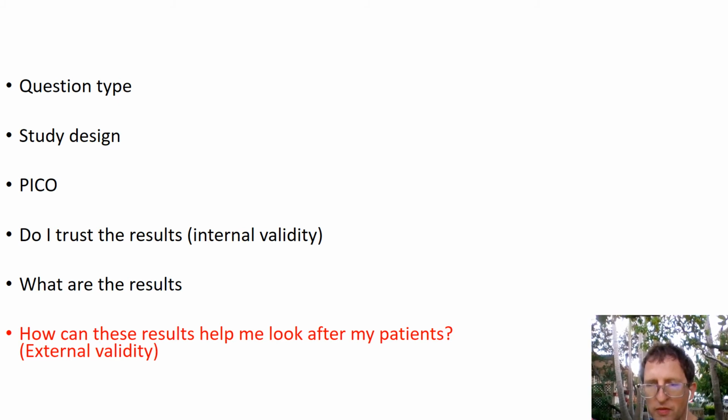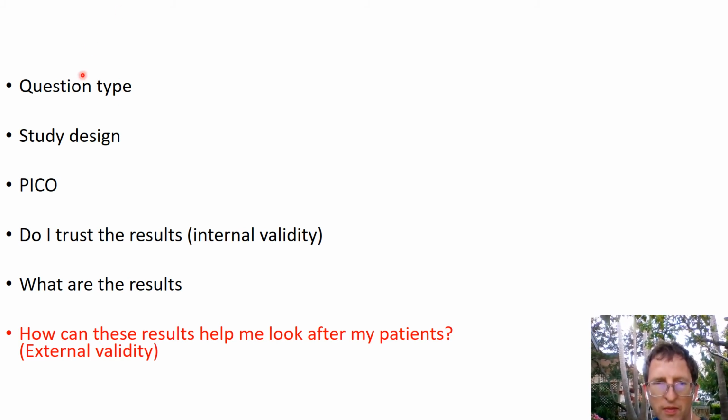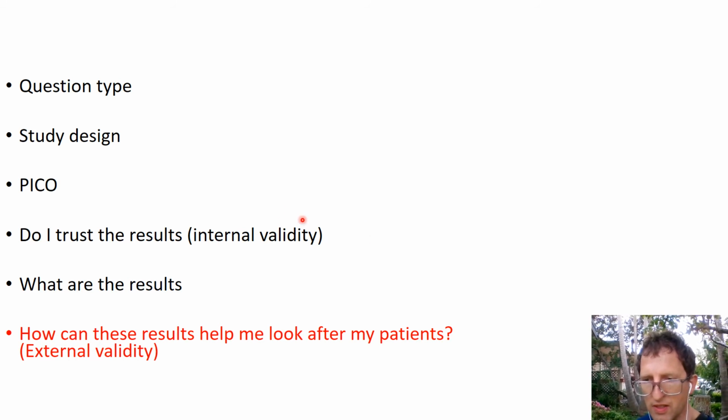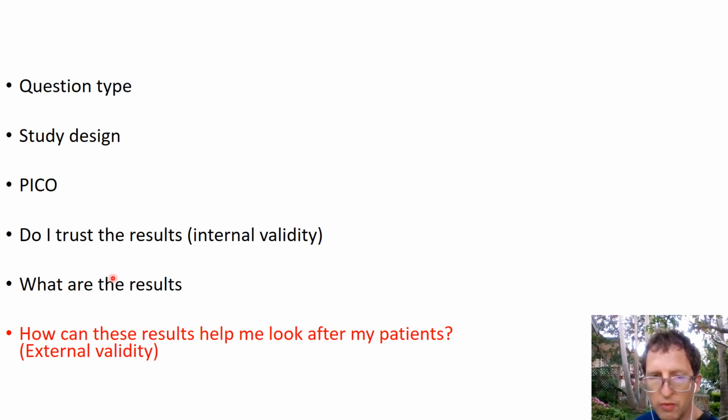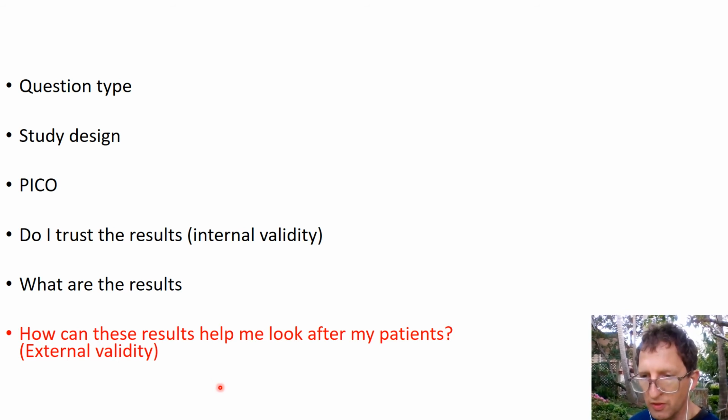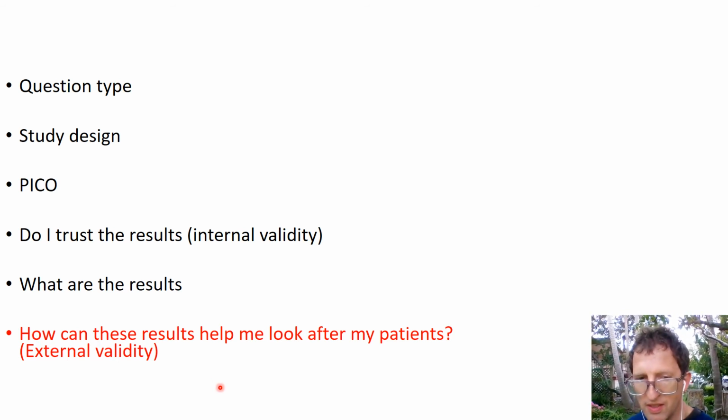All right, so far we've gone through question type, study design, the PICO, that was module 1. Then we've gone through Do I Trust the Results, which is looking really at bias and identifying unequal prognostic variables. So that's assessing the internal validity. And then we've just gone through results. That brings us to the last component of looking at a paper, which is assessing external validity.